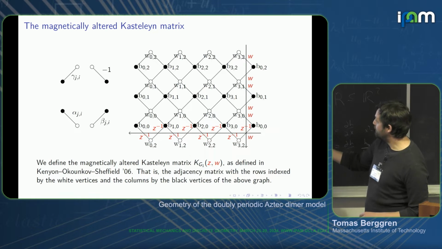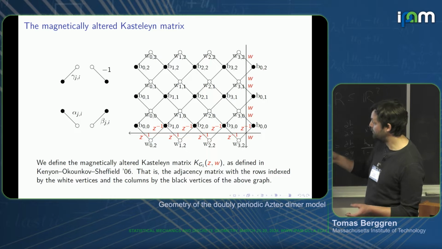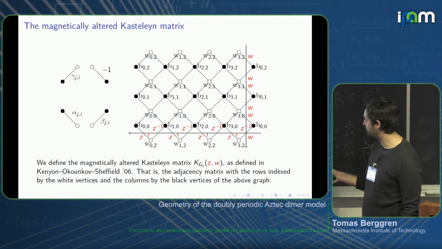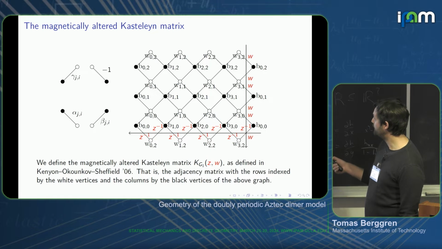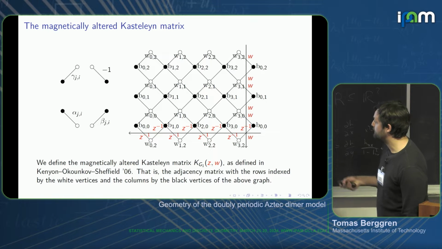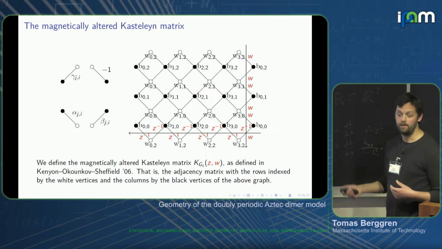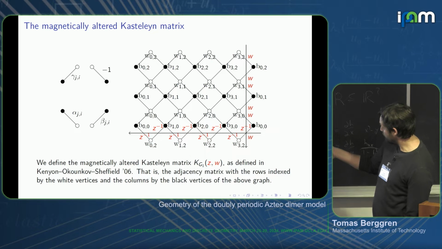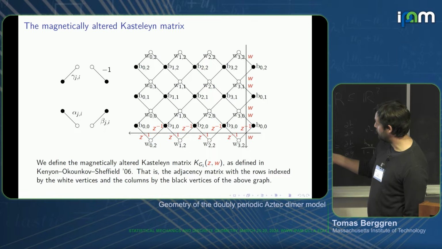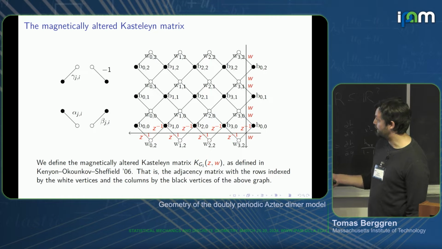And in this torus, you have the two closed loops, this one, and we introduce these magnetically altered weights. So we multiply all the edge weights on all the edges crossing this loop by W, and we multiply each edge weight for each edge crossing this loop by Z inverse.